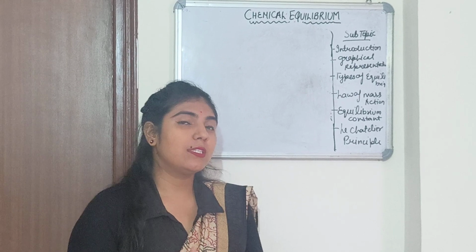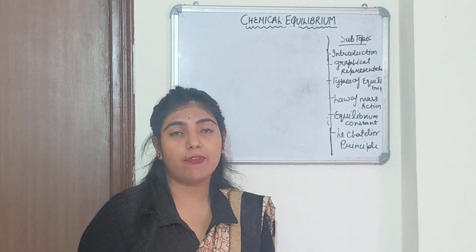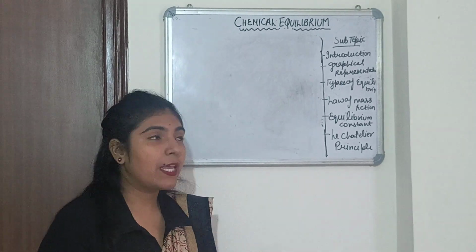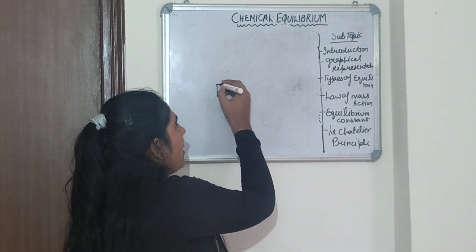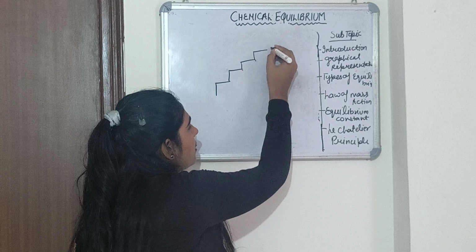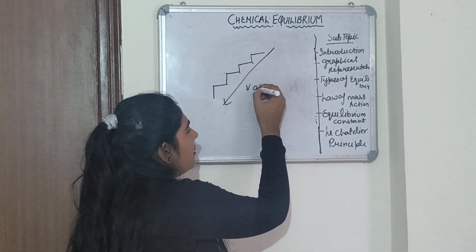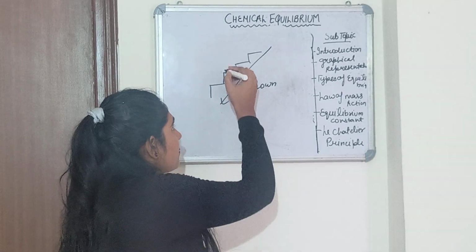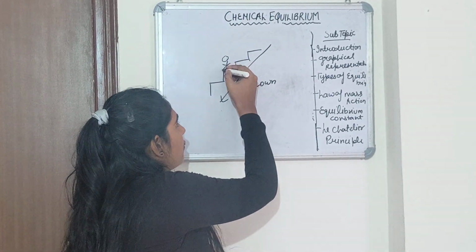So we come across it in our day-to-day life. We have seen an escalator, right? For example, an escalator is moving down with some velocity. Just for fun, your friend wants to run over it.